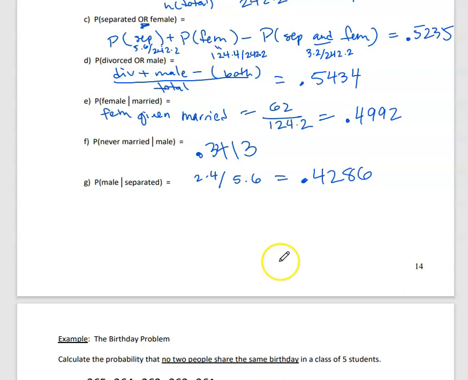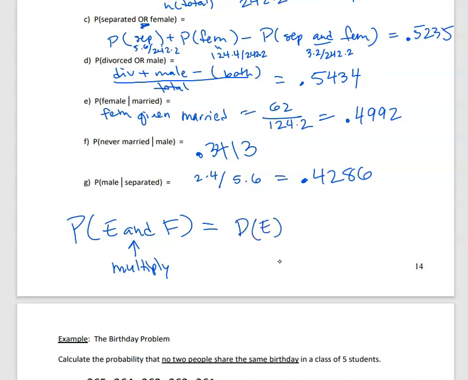Just to see what happens to the multiplication rule, in this case, I'll write down the general formula for it. Whenever we have the probability of E and F, this is when the multiplication rule comes into play, which is when we are dealing with an AND situation. We should multiply, but what we have to do in general is multiply the probability to get E, because we want these both to happen.